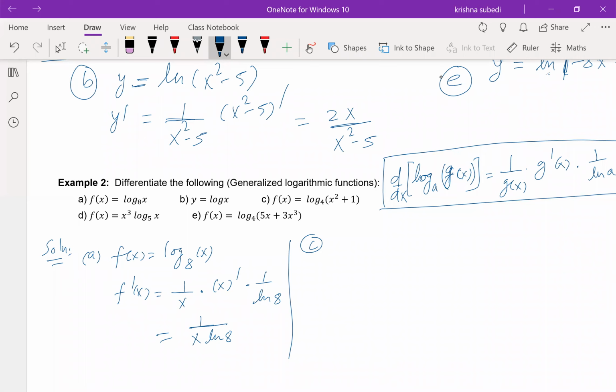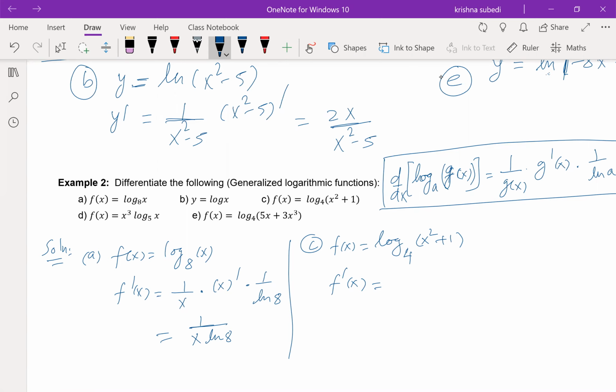Let's try part C. f of x is a logarithmic function, log to the base 4 of x squared plus 1. I think you guys can do it easily. So same thing as before, only one extra factor we need to write.